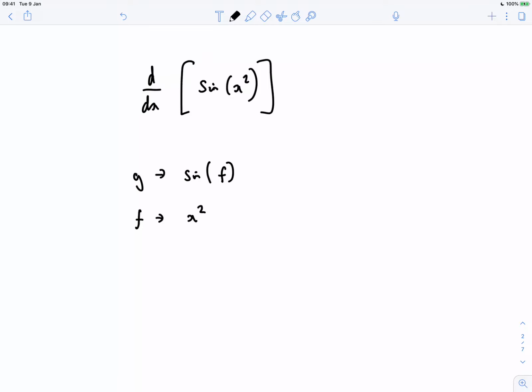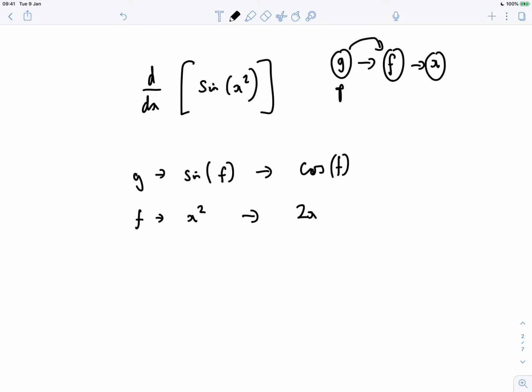So let's bang it out. I've got my function g depends on function f, which depends on x. And if I want to differentiate my original function, I need to do dg by df. And sine of f differentiates to cosine of f. It's one of the things I wanted you to memorize in the table. And x squared differentiates to 2x.